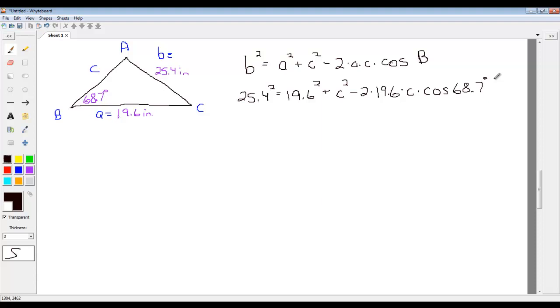And what you're going to end up with is a quadratic, because you'll have C squared minus whatever this comes out to, C, plus whatever this is minus this, equals 0. And you can solve that quadratic equation for C.